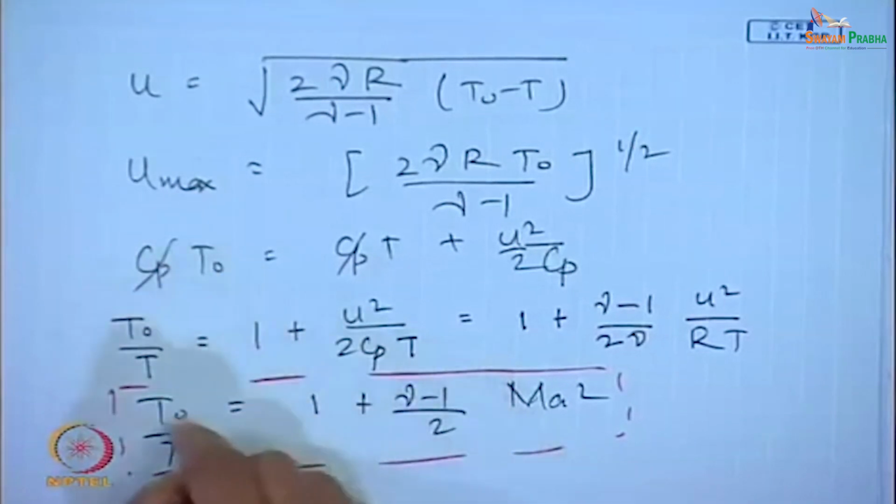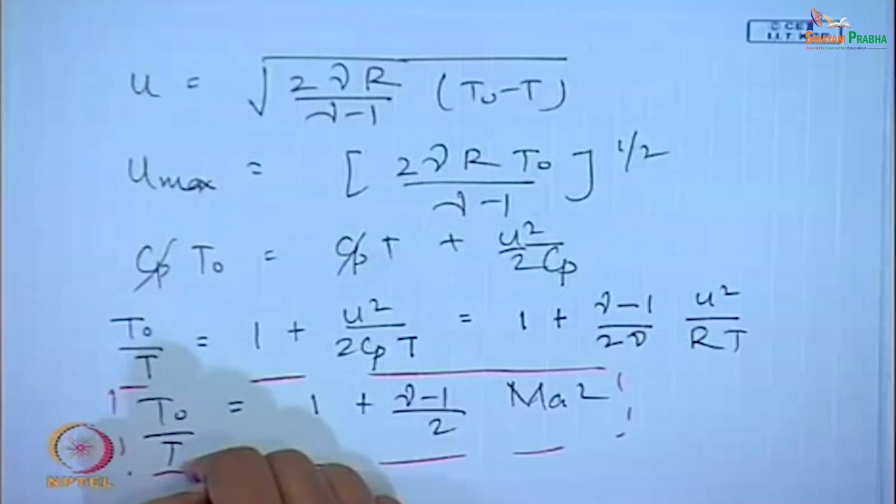Now, once we could find an expression for T0 by T, using the equations of adiabatic reversible flow, the relations connecting P to T and rho to T, we can find rho0 by rho, P0 by P and so on, is it not? So, if we write them down, what do we get?